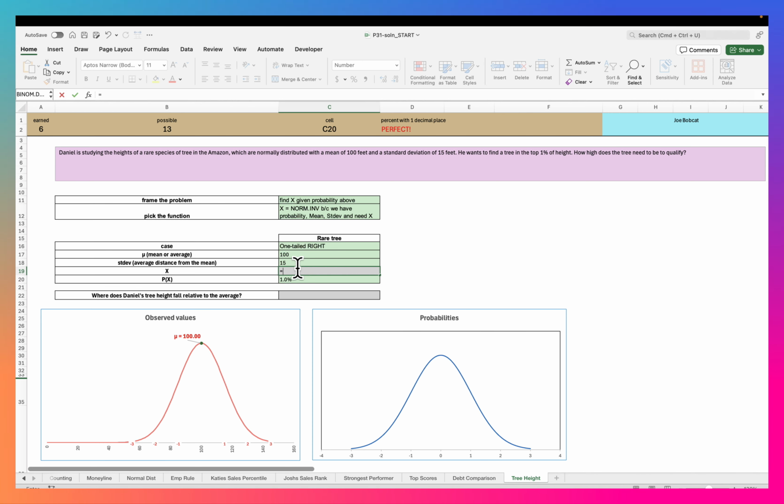That's going to be equal to norm dot INV. We have to put in 1 minus the probability since we're going to the right. 1 minus the 1% here. And then the mean and standard deviation.